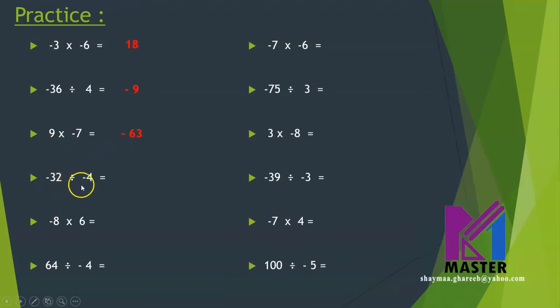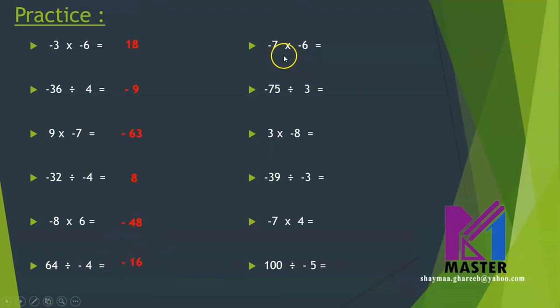Negative divided by negative, the answer will be positive. 32 divided by 4 equals 8. Negative 8 times 6, the answer will be negative 48. Positive divided by negative, the answer will be negative 16.